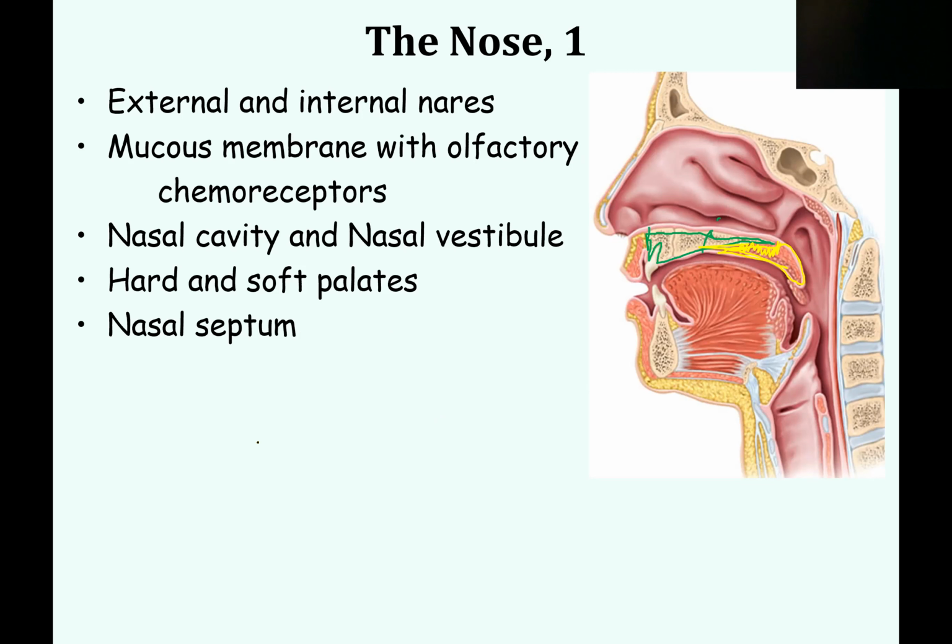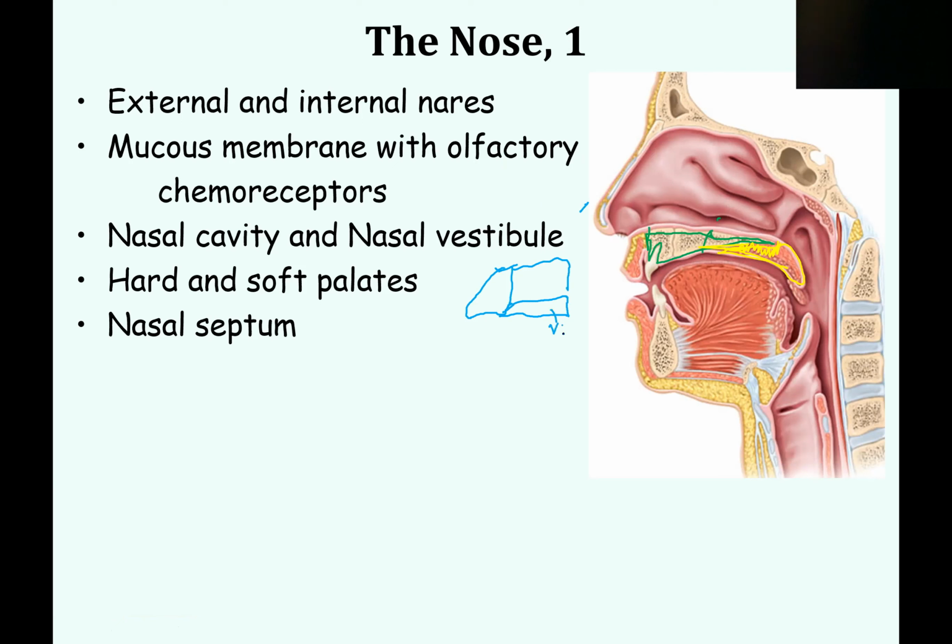Okay. The nasal septum, which you can't see here, is the divider of the nasal cavity. There's a portion of it that is cartilage. There's a portion of it that is made up of two bones. You have the vomer and you have the perpendicular plate of the ethmoid.